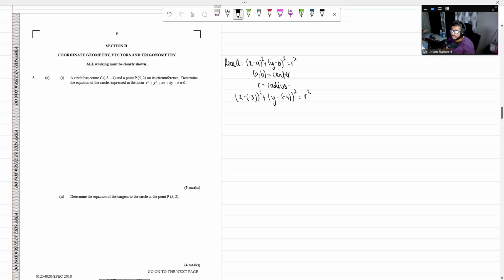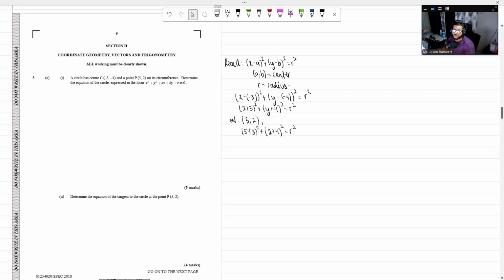So this becomes x plus 3 squared plus y plus 4 squared is r squared. So at (5, 2), the equation turns into 5 plus 3 squared plus 2 plus 4 squared is r squared.